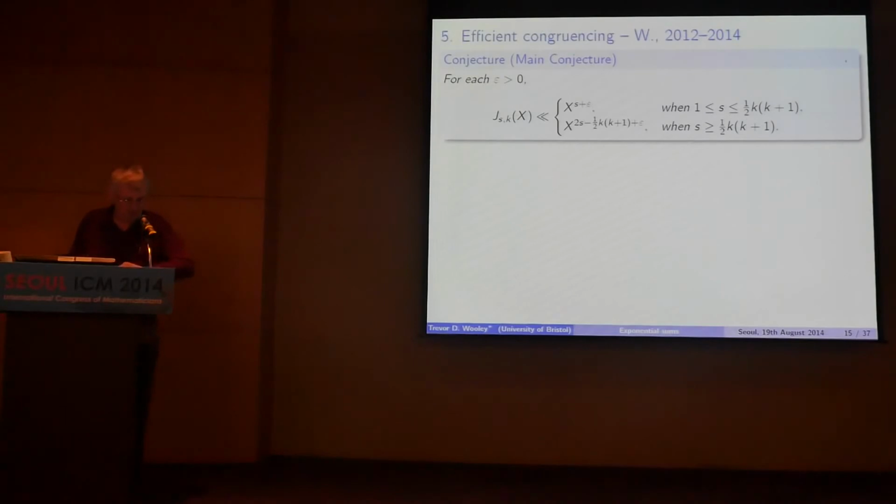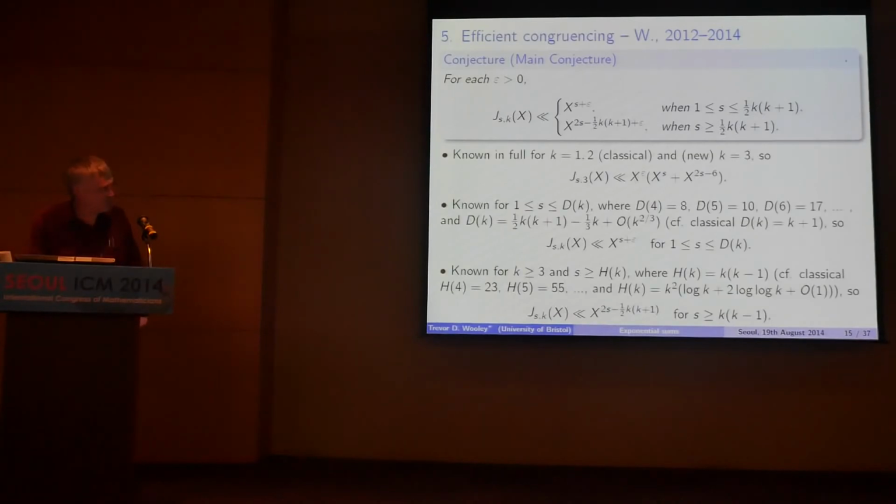Okay, so now I get to the point where I can tell you about developments. I should tell you about them reasonably rapidly, I suppose. So the big news is that this main conjecture, all these conjectured estimates, is very nearly known to be the case now. Very nearly.